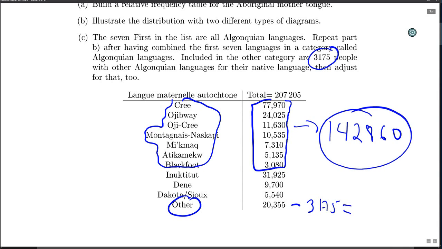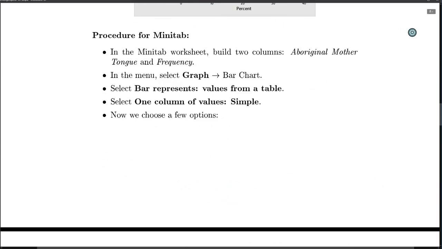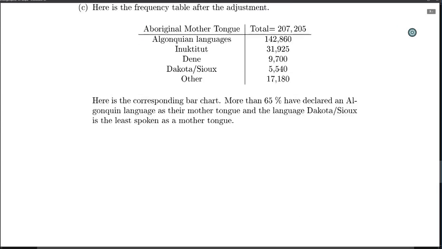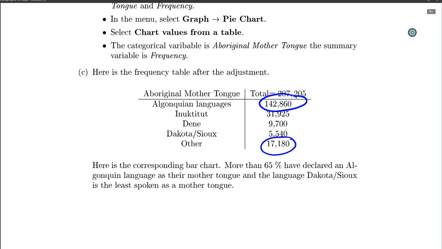So as we took 3,175 away from the 20,355, we end up with 17,180, and this gives the frequency table that we have at the end of the solutions. Okay, so for Algonquin languages we have 142,860, and then the other has been reduced to 17,180. Alright, so that's it for question 1.